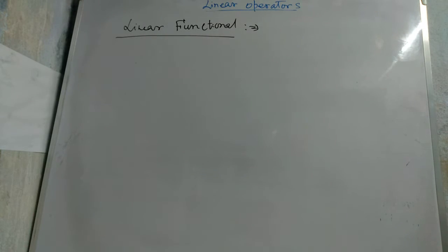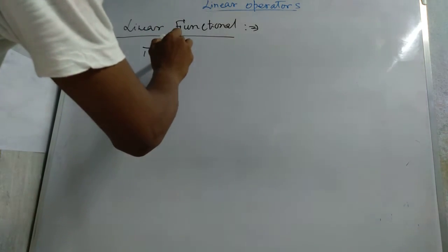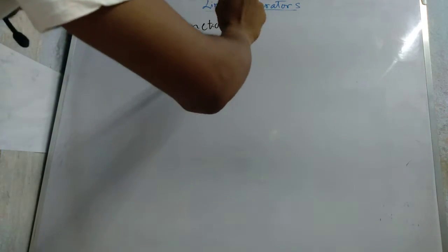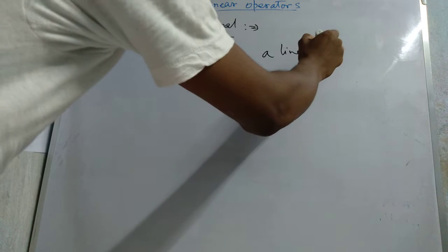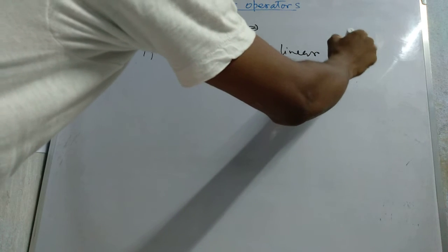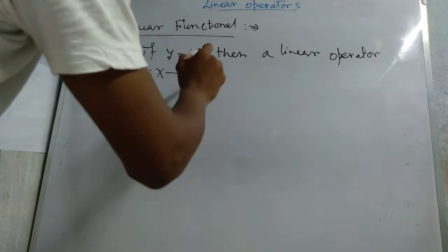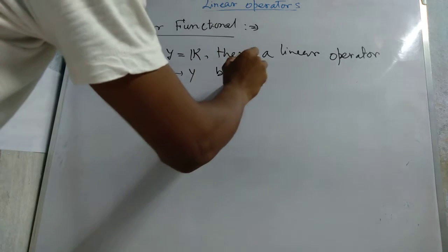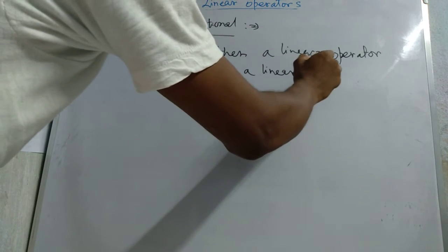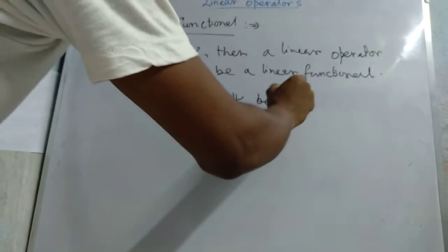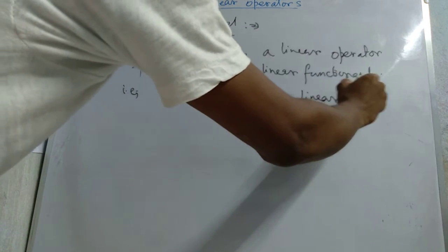But a linear functional means that if Y equals the field K, then a linear operator T from X to Y is called a linear functional. In another way, any linear map T from X to K is a linear functional.